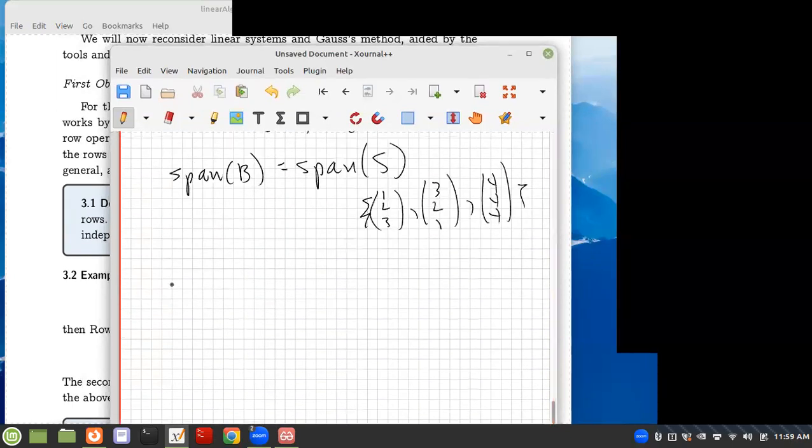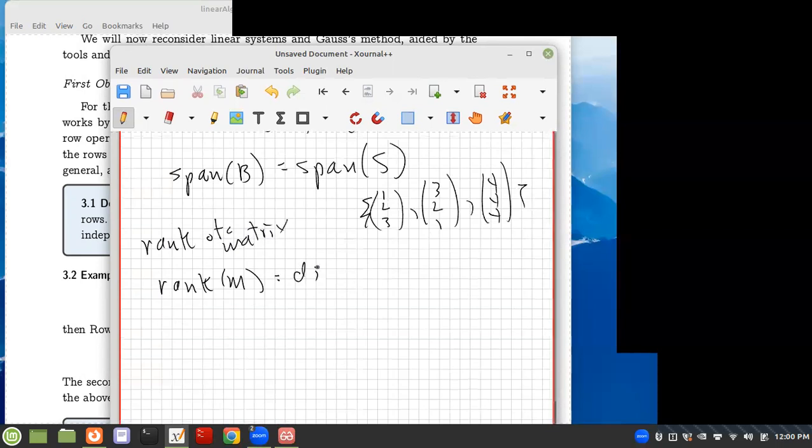So here's the definition of the word rank. The rank of a matrix equals the dimension of row space.